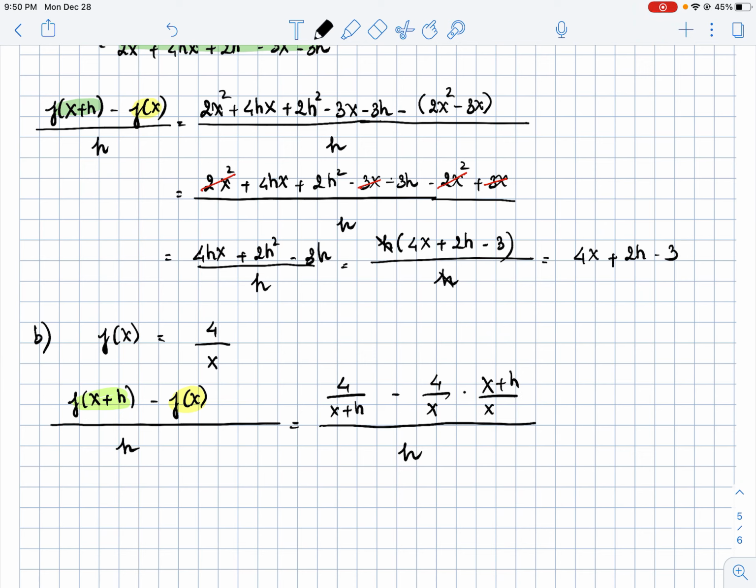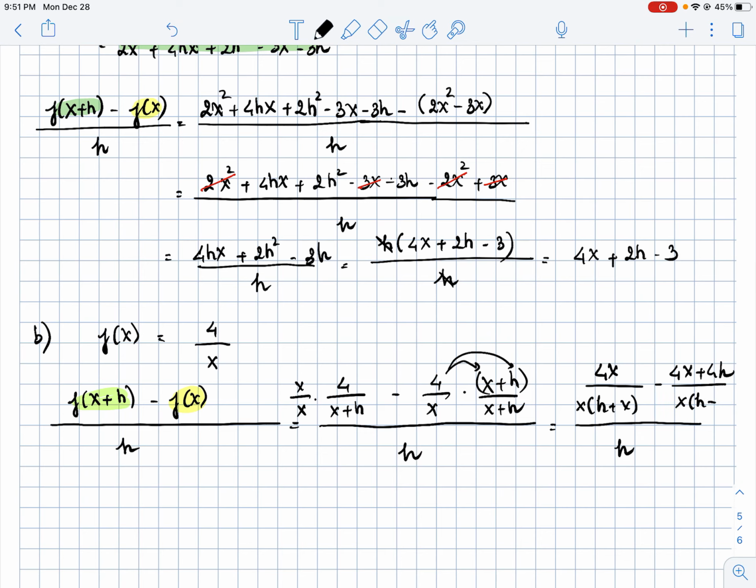We will find the least common denominator, which is x times x plus h. And we will multiply the x for the first one. So we multiply the tops together. In this case, I distribute the 4.